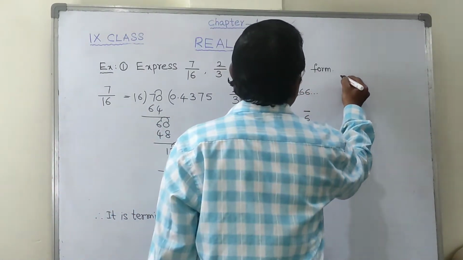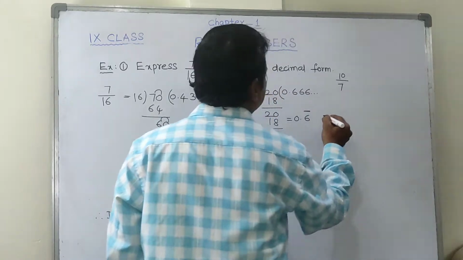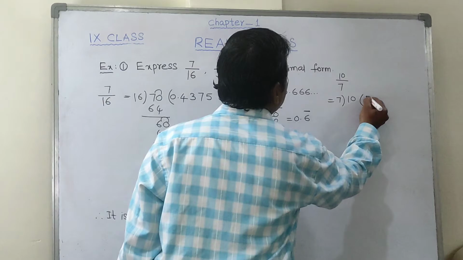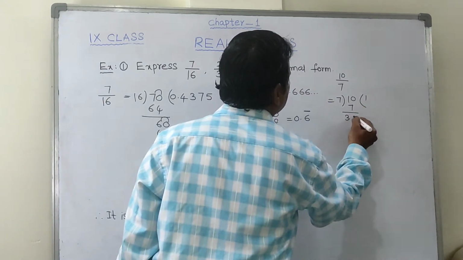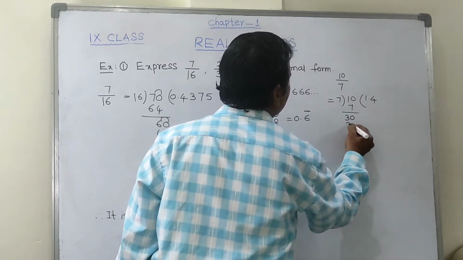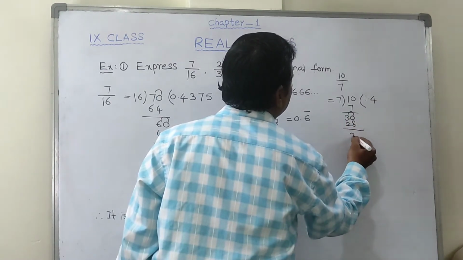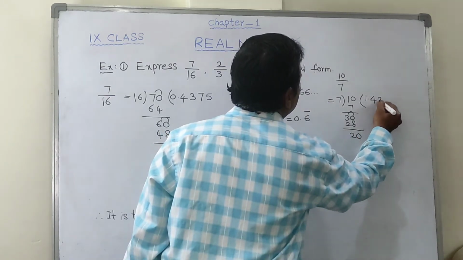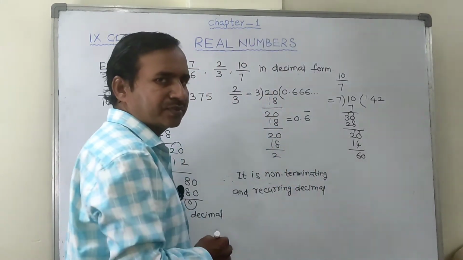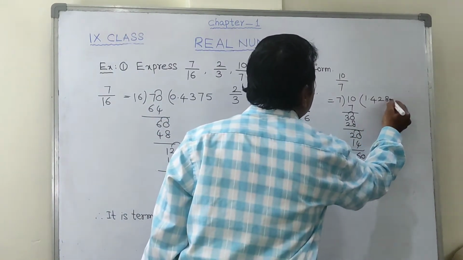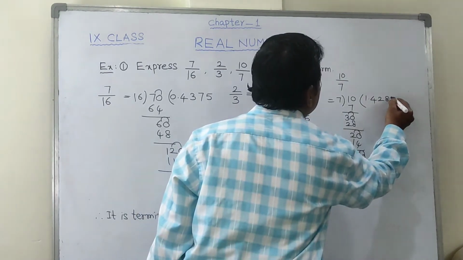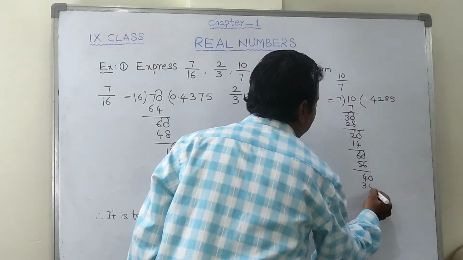Take the last one, 10 by 7. 7 ones are 7. 3. Already the point is there, means it becomes 30. 7 fours are 28. Getting 2, 0. 7 twos are 14. 6, 60, isn't it? 7 eights are 56. 4, 0. 7 fives are 35.